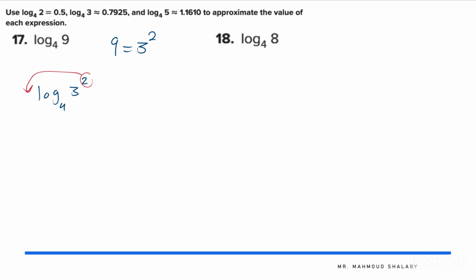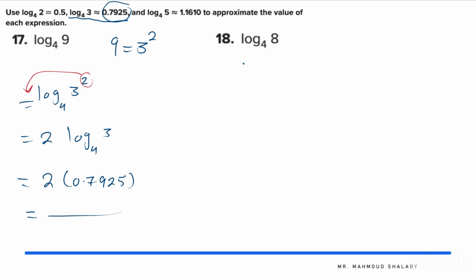I will put the 2 outside. It will be 2 log 3 to the base 4. Now it's 2 multiplied by log 3 to the base 4. I have it here, which means I will replace it by 0.7925. Do it with the calculator, find the result, whatever the answer is.